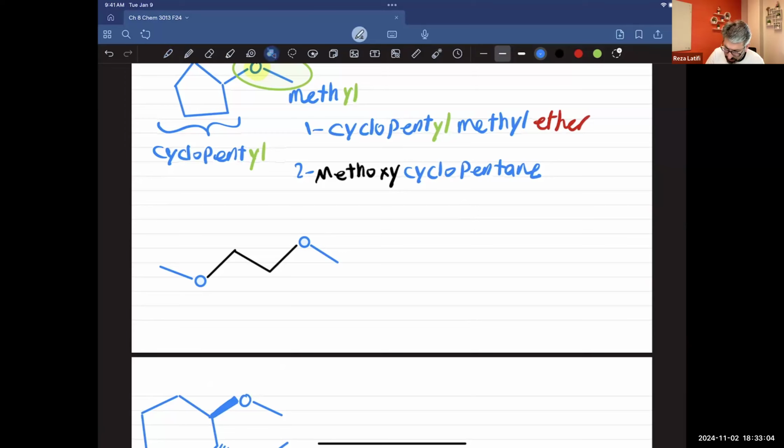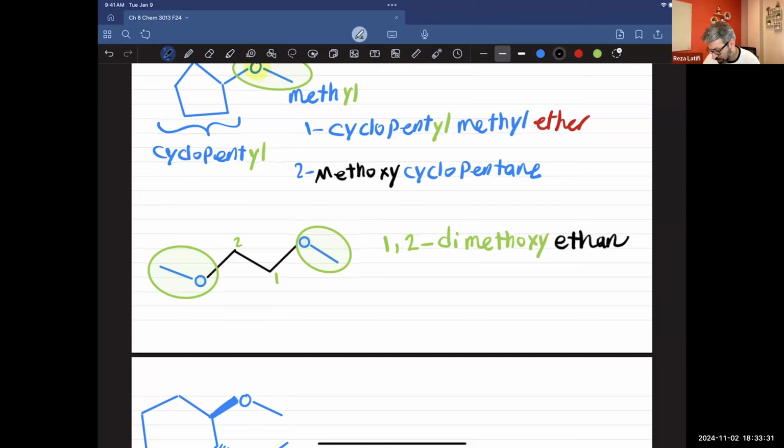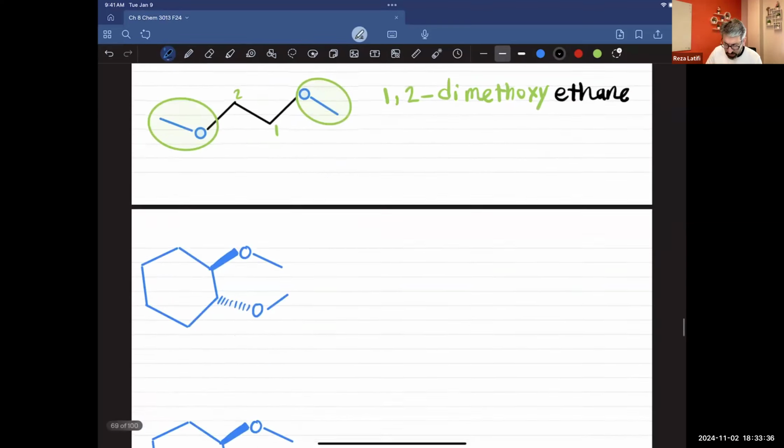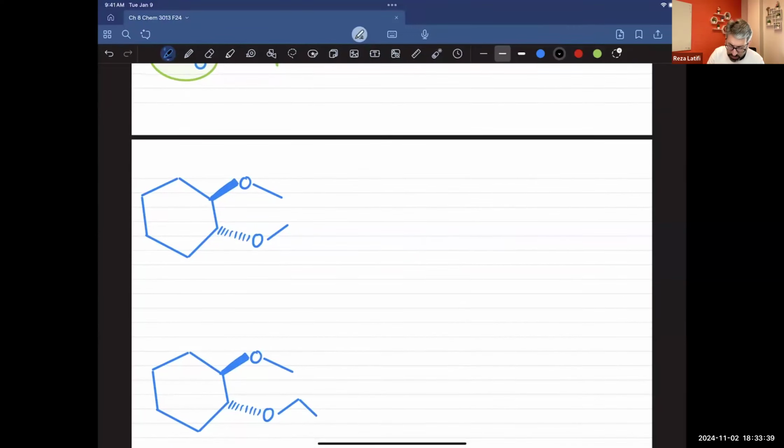Next, we have two identical substituents, and both of them are methoxy. So I'm going to say 1 and 2 dimethoxy, and this one will be ethane. 1,2-dimethoxyethane. Next we have a cyclohexane.